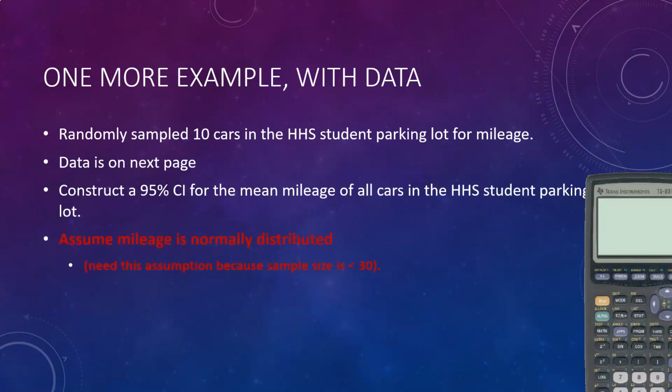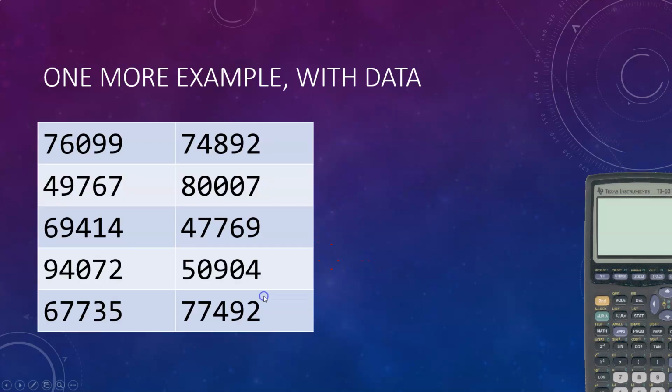Now, because we are working directly with data, how we do this is a little different. One assumption that we do have to make, though, is that our whole population of all cars is normally distributed. And we need that because we have a small sample size, less than 30. Without this assumption, we couldn't do anything.